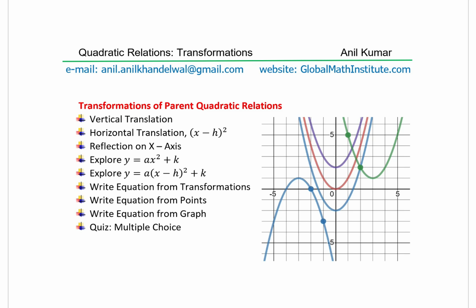When we talk about transformations, we have to always begin with the base function or the parent function. So whenever we talk about transformations, we'll discuss with respect to y equals x squared. Now y equals x squared is your base function, or you may also call this a parent function.